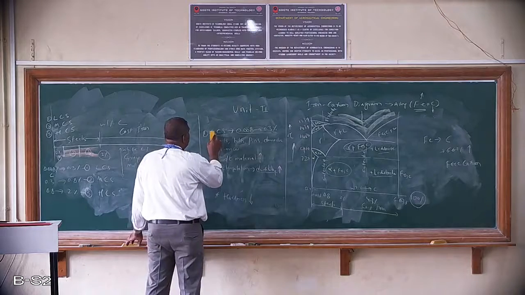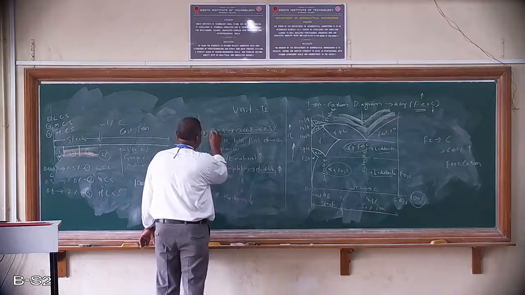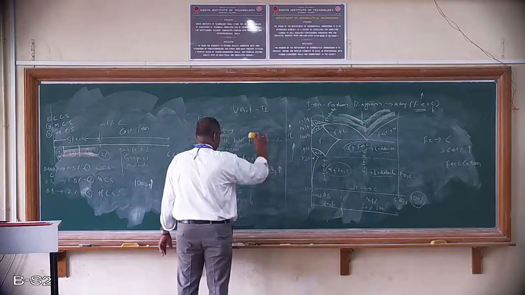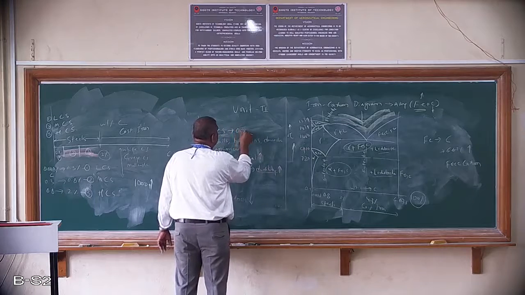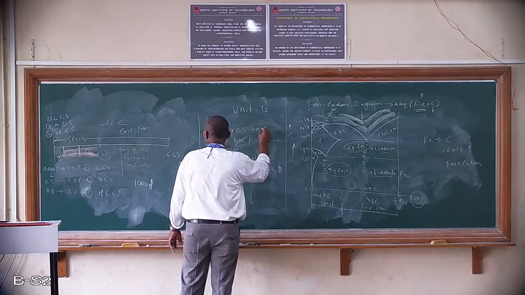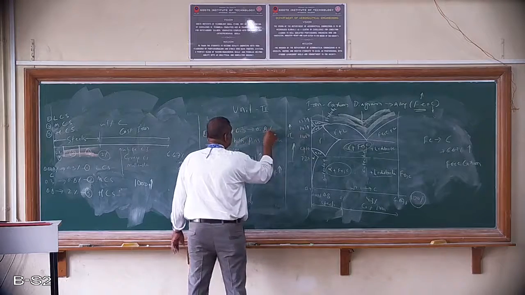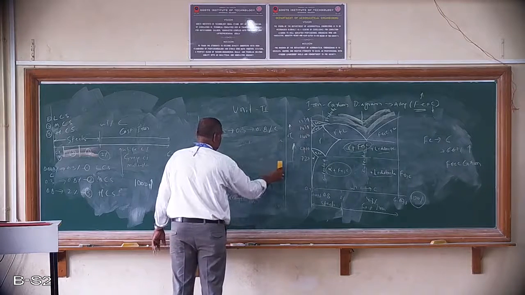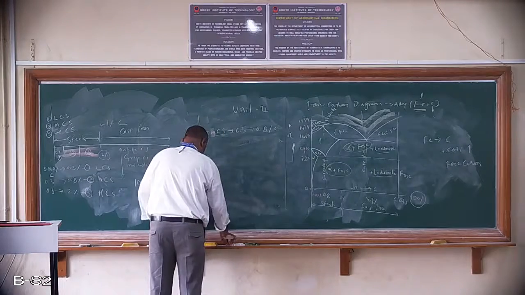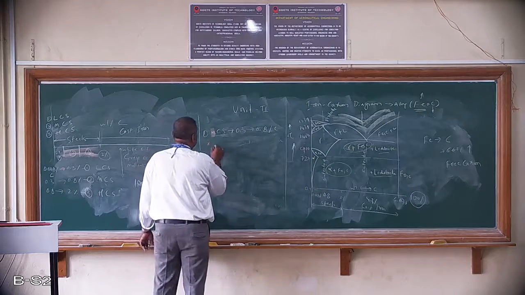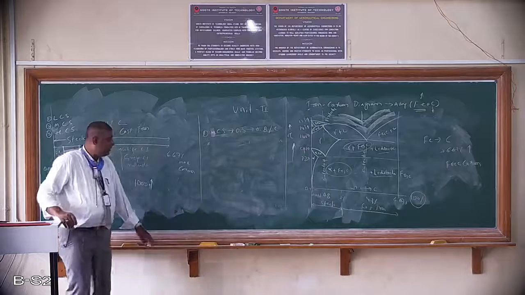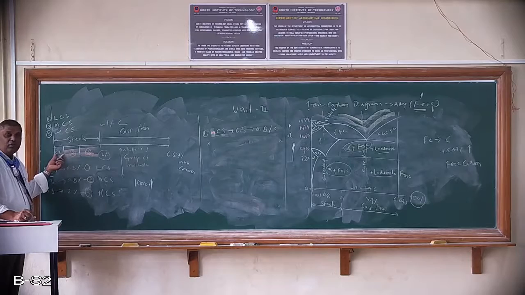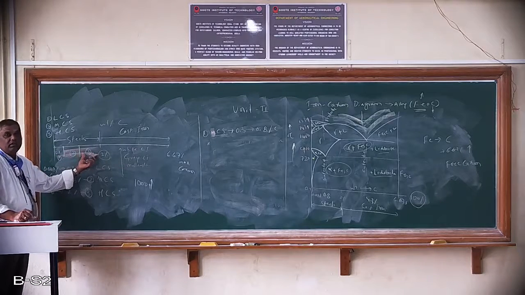So second, let us see about the medium carbon steel. This medium carbon steel comes in between. The property of this medium carbon steel is better than the low carbon steel, but lower than the high carbon steel.